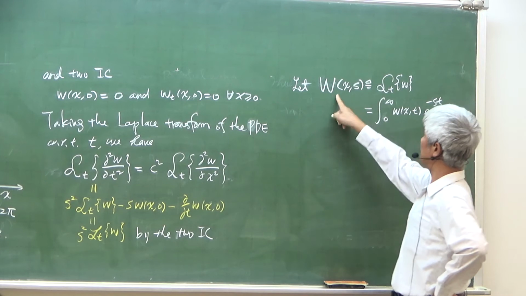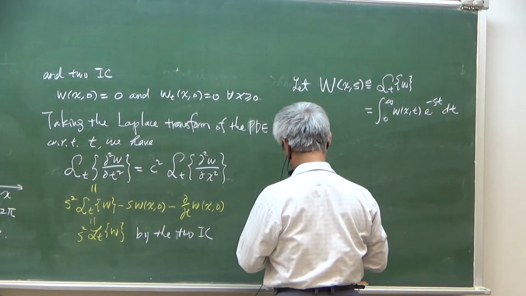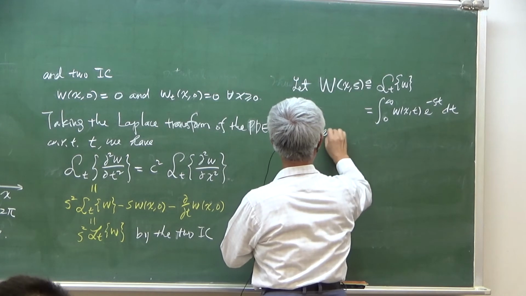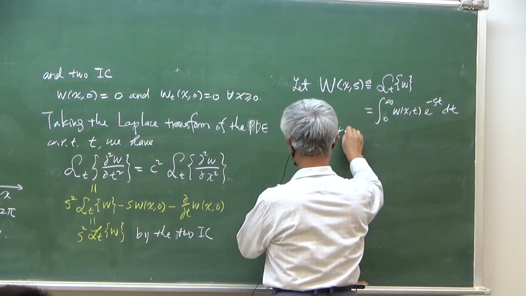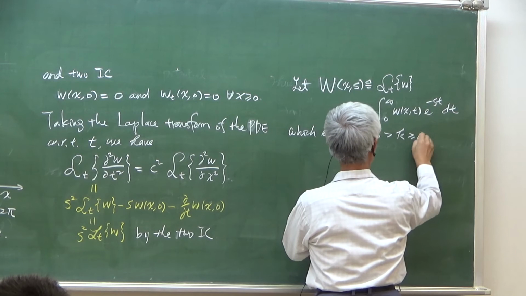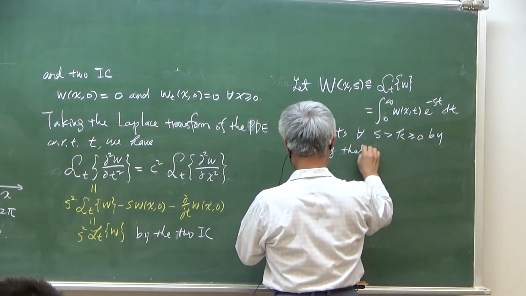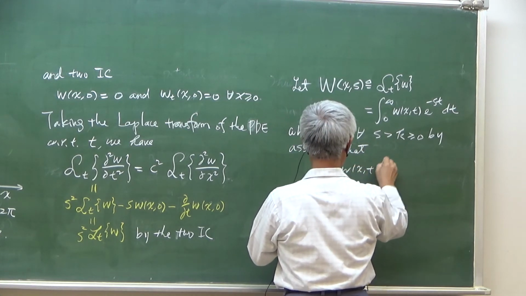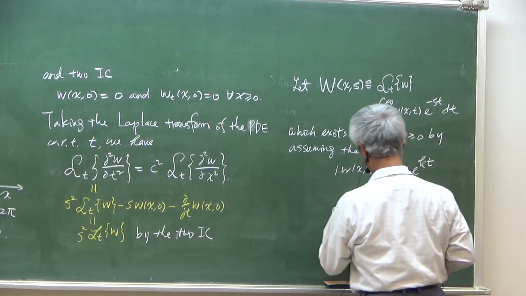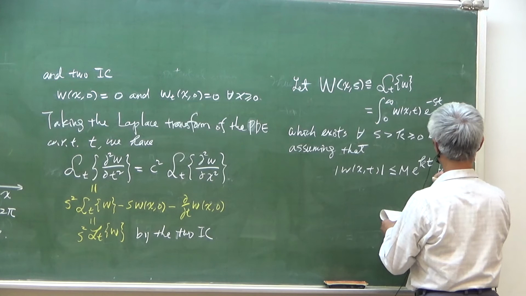The capital W is the transformed function of little w, which exists for all s greater than k, by assuming that our wave grows at most exponentially.